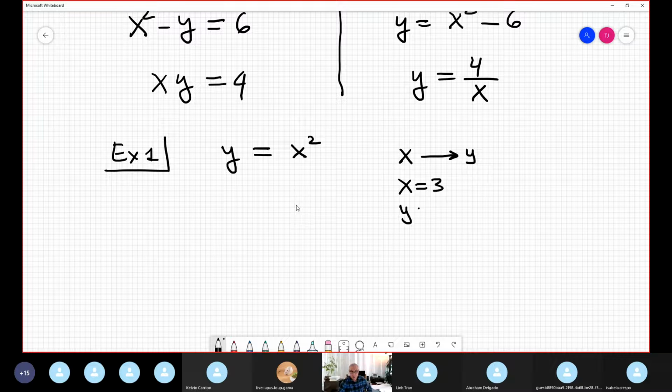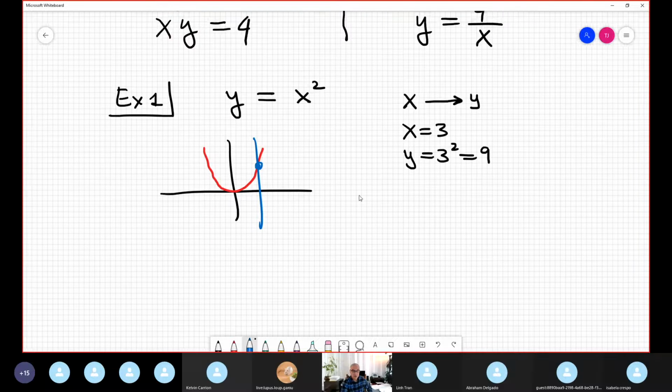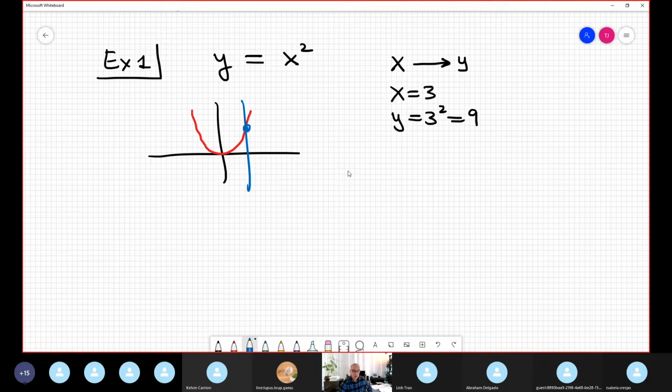So y equals 3 squared, which is 9. Only one. So it's a function. It's obvious, right? By the way, curiosity: if you put it in the calculator to see the graph of this, it's a parabola. And when you apply the famous vertical line test, it passes the test, crossing only one point. Okay, this is example 1. It was clear, explicit, and it's obvious that it is a function.